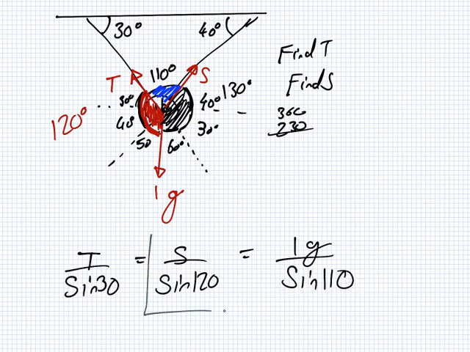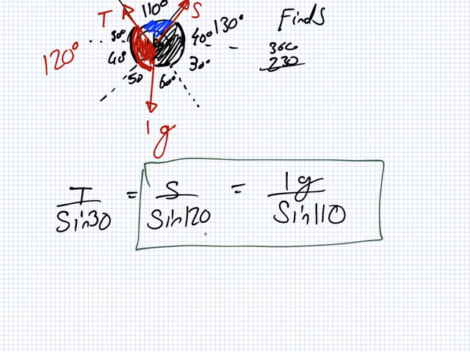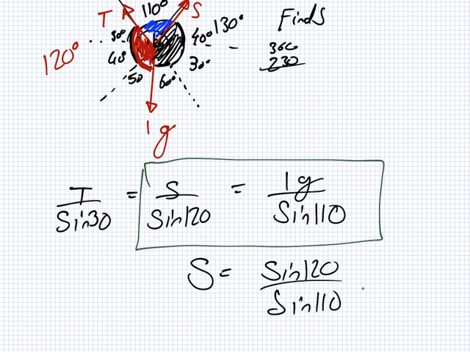If I take these two, I can say S equals sine 120 over sine 110 times 9.81.